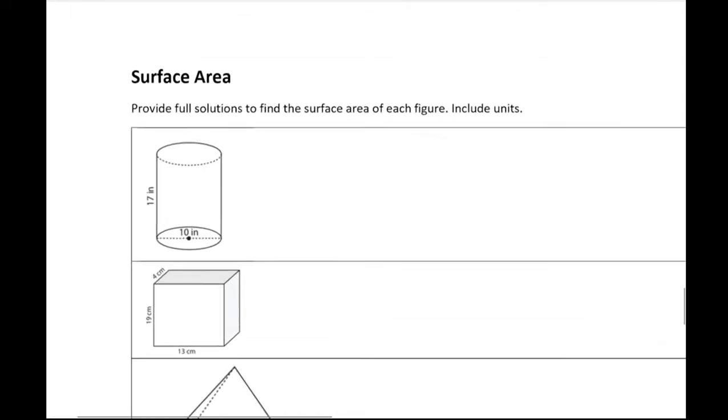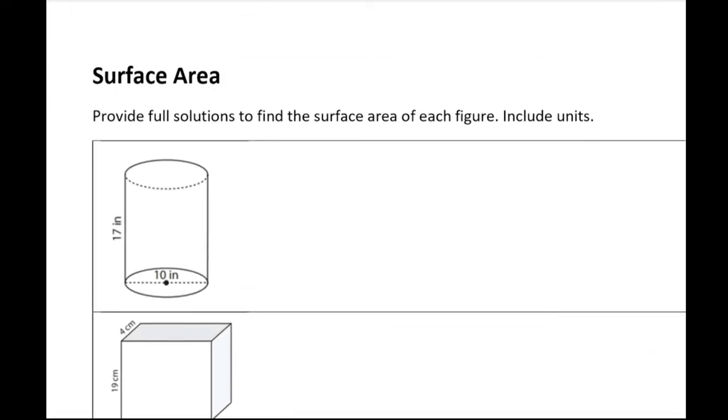So let's go through a couple examples and look at finding the surface area of each figure. Here we have our cylinder. The formula for the surface area of a cylinder, for the base, is 2 times pi times r squared, plus the lateral, or the around the shape, 2 times pi times r times h.